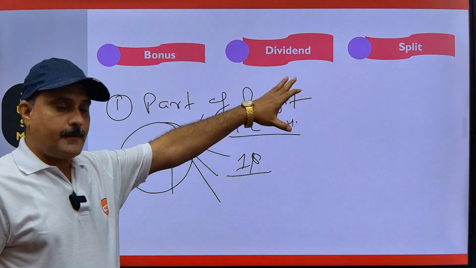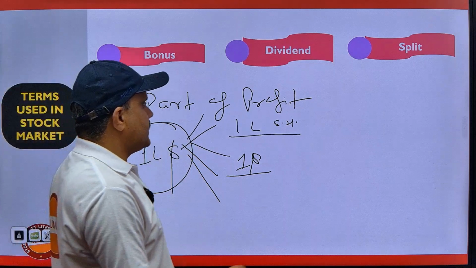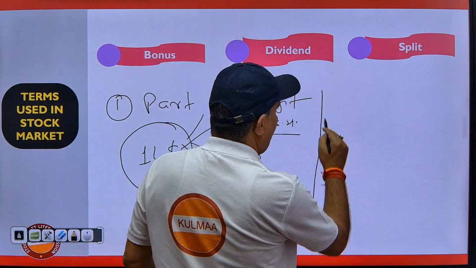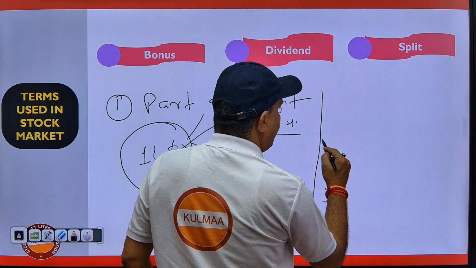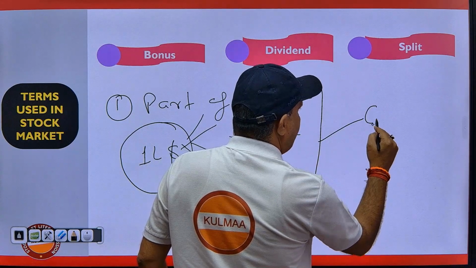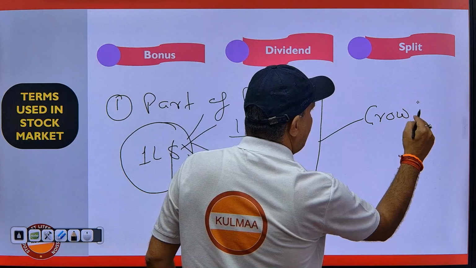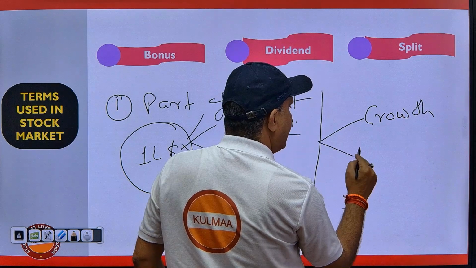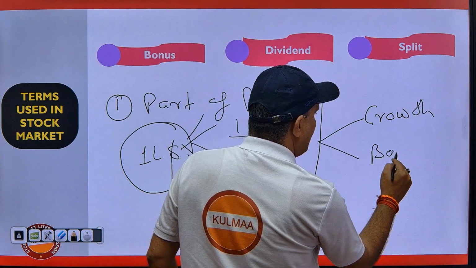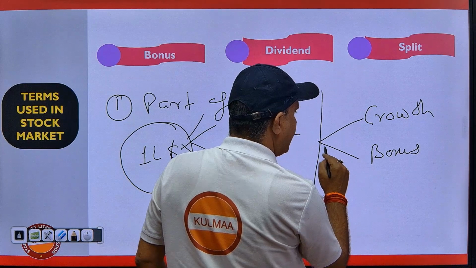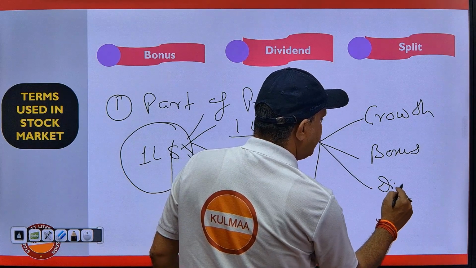That will be the extra. If a company earns, what can they do with that earning? They can do three things. Either they can invest for growth of the company, or they can give us bonus, or they can give us dividend.